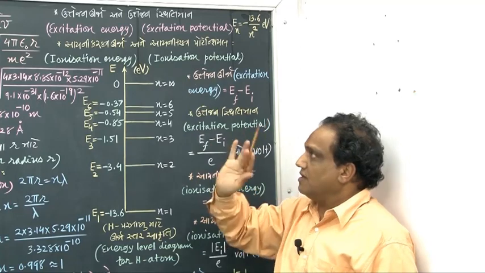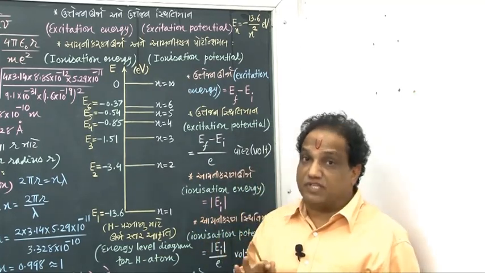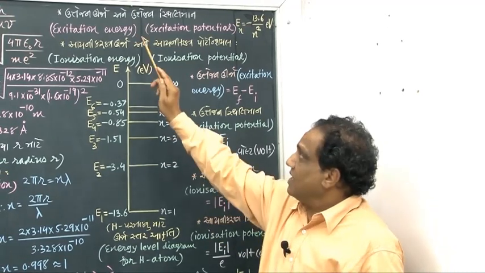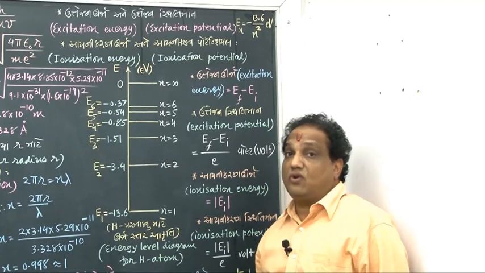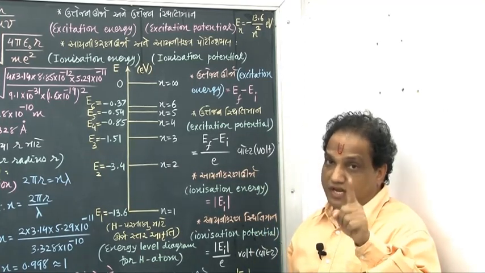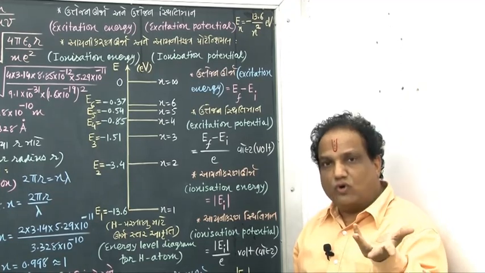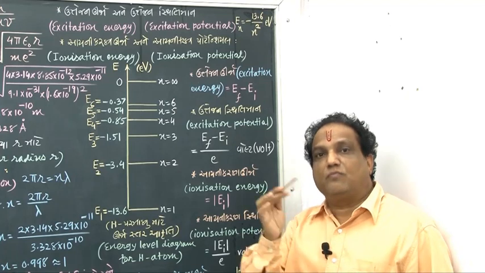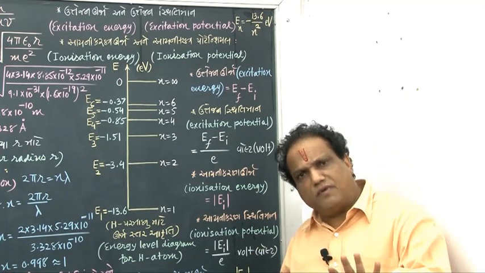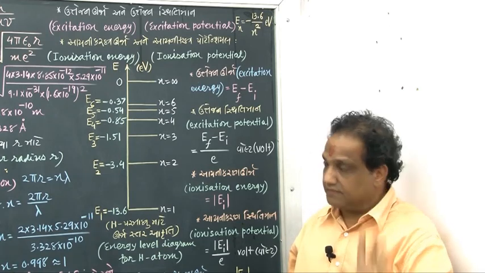Ionization potential. First thing, they have committed a serious mistake in the textbook. They have taken potential as energy. It's very wrong. Potential and energy are not identical physical quantities. Energy unit is joule or electron volt, and the unit of potential is volt. Both of them are very different. So don't take them as synonymous, please.